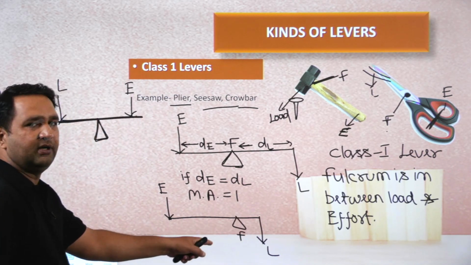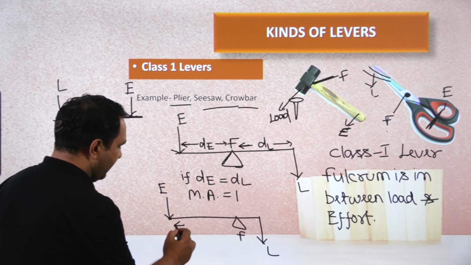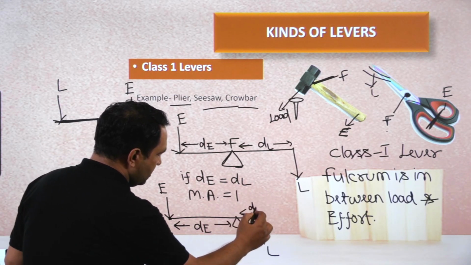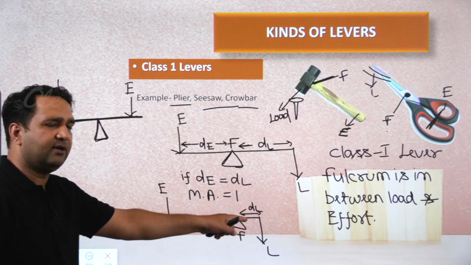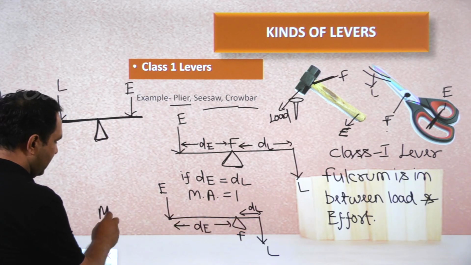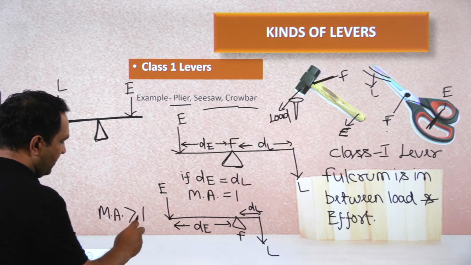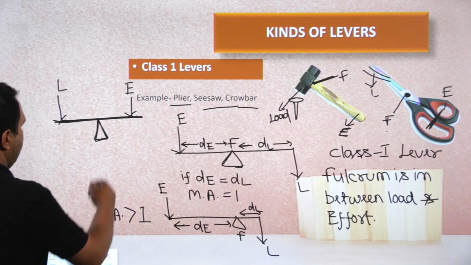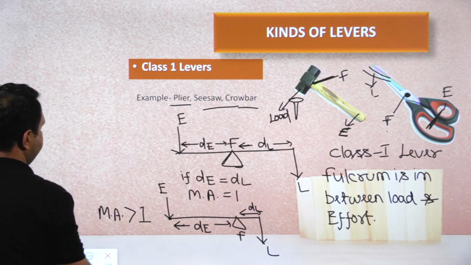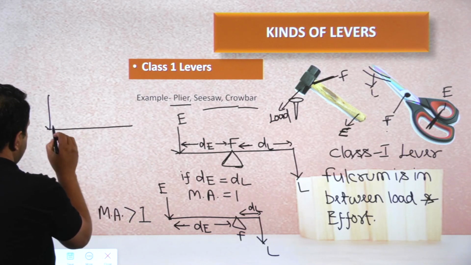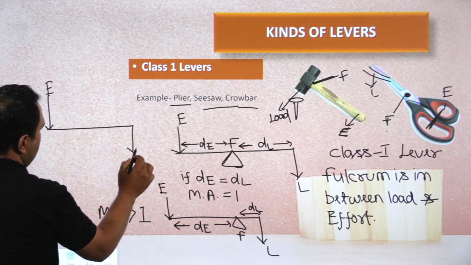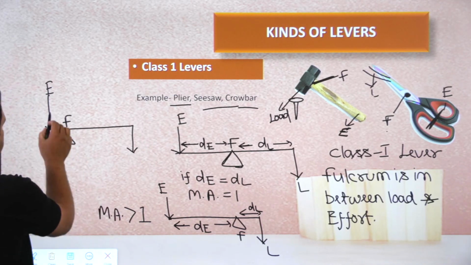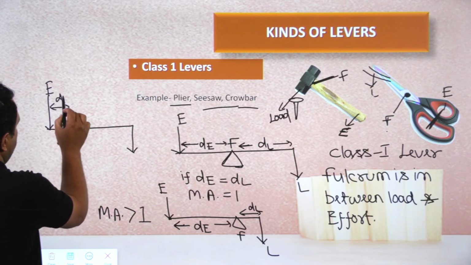This is also a class 1 lever, but here the effort arm is greater than the load arm, so we will get a mechanical advantage greater than 1. And the third case: this is effort, this is load, and the fulcrum is somewhere here. So the effort arm is much lesser than the load arm.